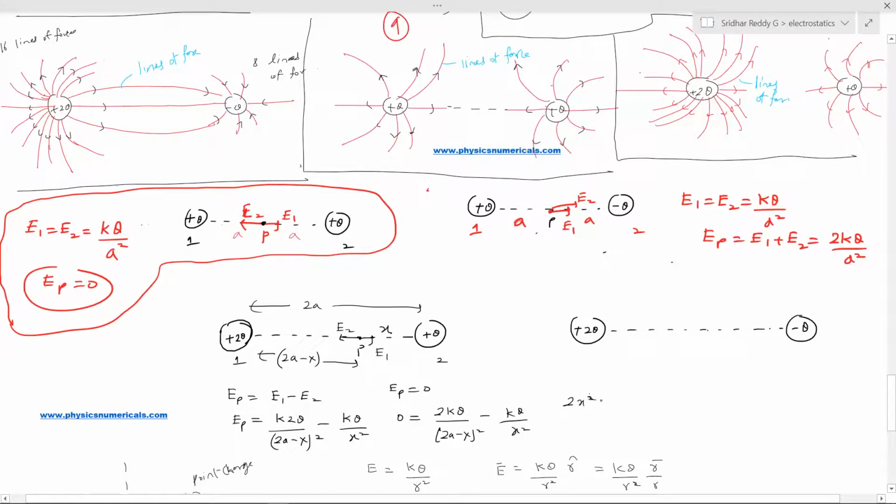So 2X square is equal to 2A minus X whole square. Let me solve it. Two X square equals 4A square plus X square minus 4AX. The X square terms cancel. I'll get an expression for X. So what is X equal to?